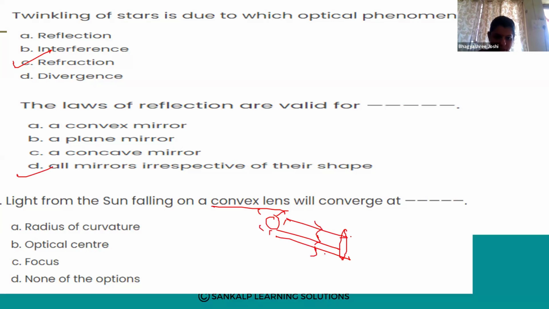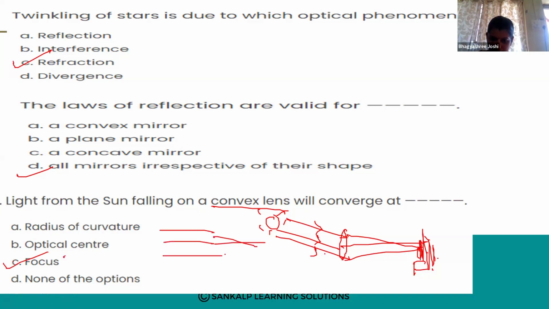After refraction, the rays will converge at this point, that is F. So what do we call it? Focus, radius of curvature, optical center, focus, none of the above. So that is focus. Rays will converge at a particular point. That point we call a principal focus. Yes or no? All rays meet at one place. That point we call a principal focus, or it is F.